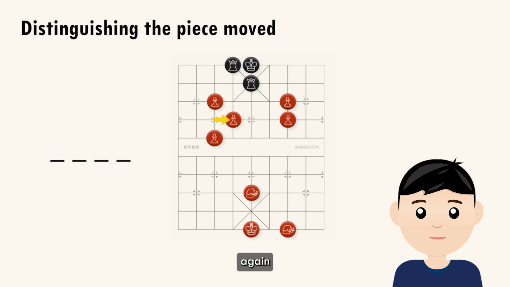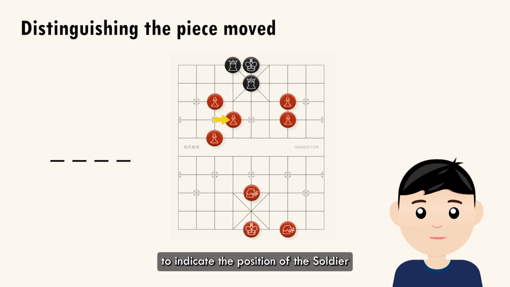To start with, again, we use the first component to indicate the position of the soldier, except this time we use a number to do so. The soldier at the front is number 1. The second soldier is number 2, and so on. We just move the second soldier, so the first component is 2.